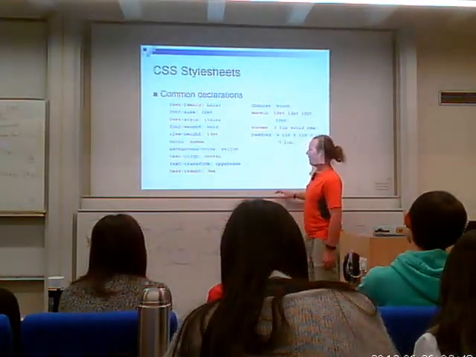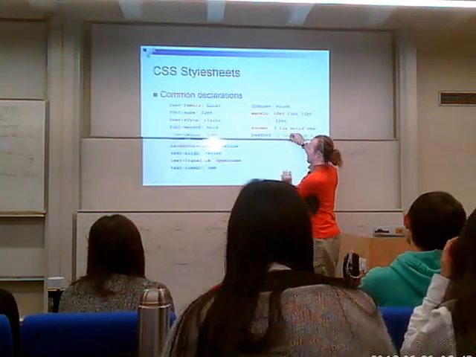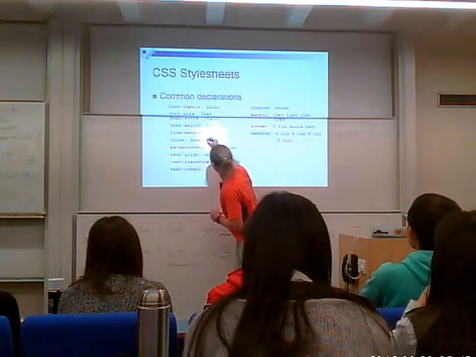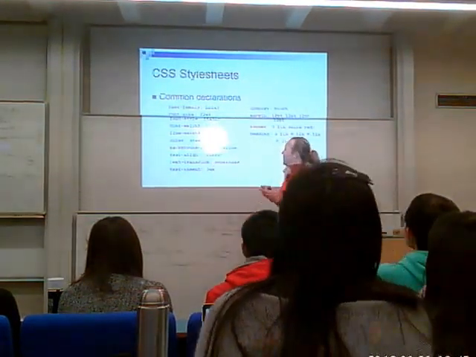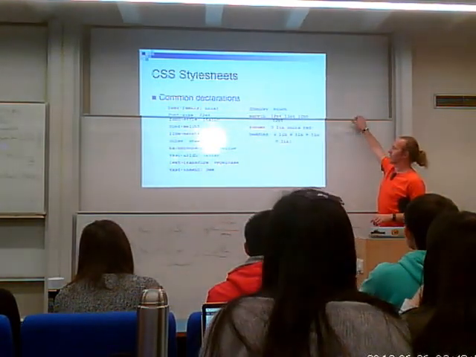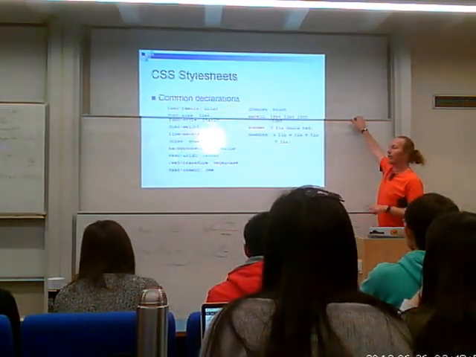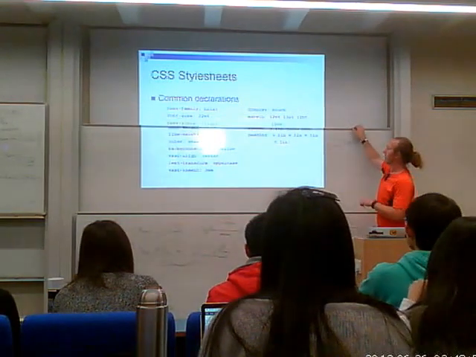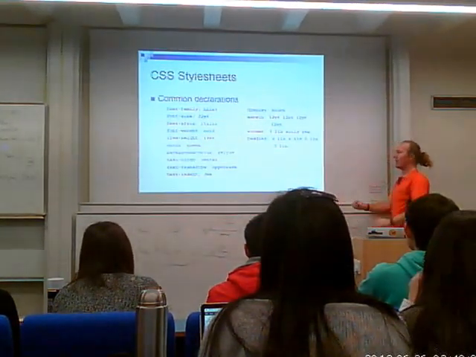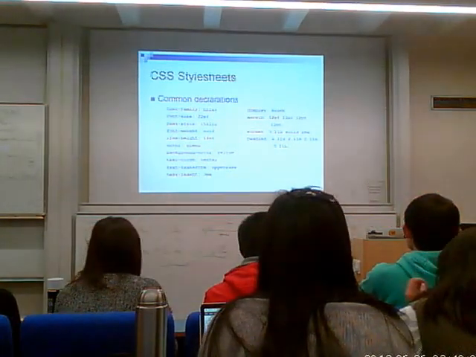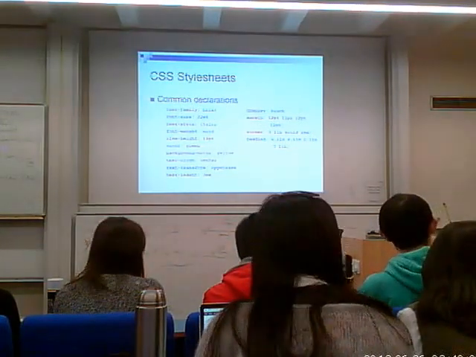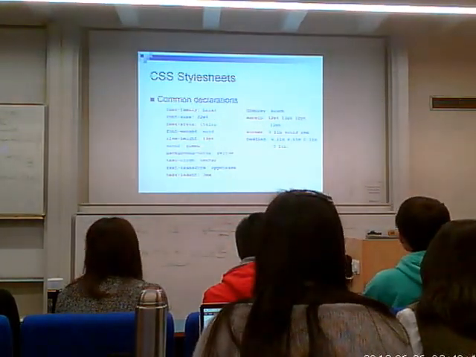Especially if you're doing long lists, there should be a semicolon at the end to say that you've finished that statement. So, name of the property that you want to change, colon, then the value that you want to change it to. And these are keywords that are defined by the CSS spec, mostly informed by the browsers and what they want to be able to change, and what they're able to change technically.